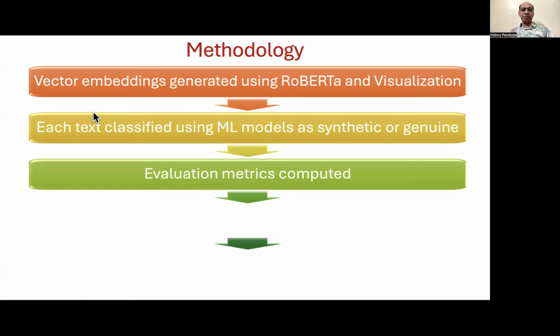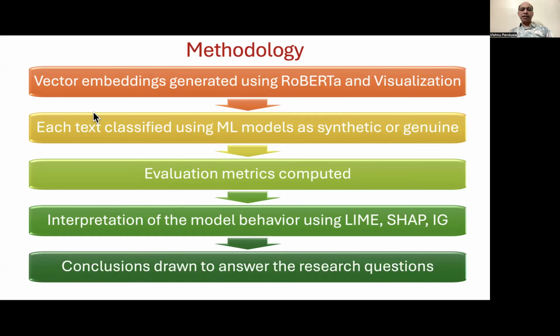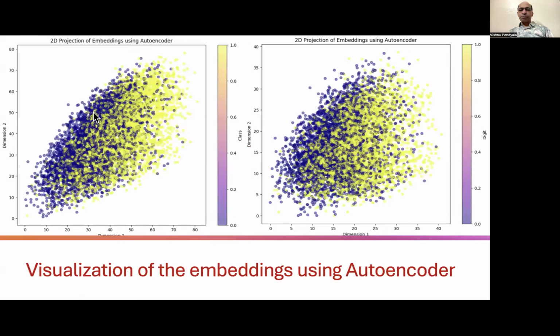Then the evaluation metrics are computed to gauge the performance of these machine learning models. And then we interpret the model behavior using LIME, SHAP, and integrated gradients. And based on the results, we draw conclusions to answer the research questions.